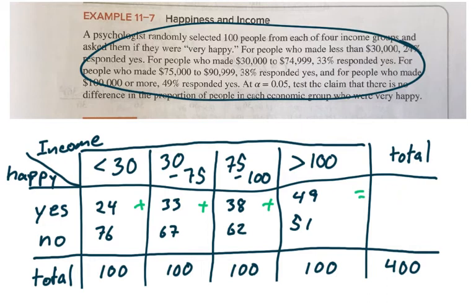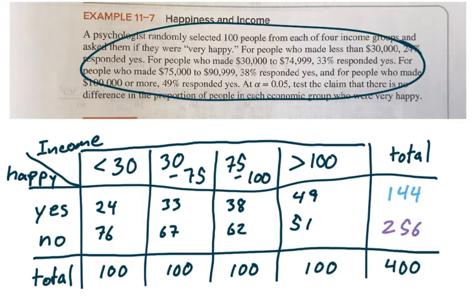Let's take these little annoying pluses and equals out, and we'll just say 144 right here. And then similarly adding up the bottom row, 76 plus 67 plus 62 plus 51 equals a grand total of 256.